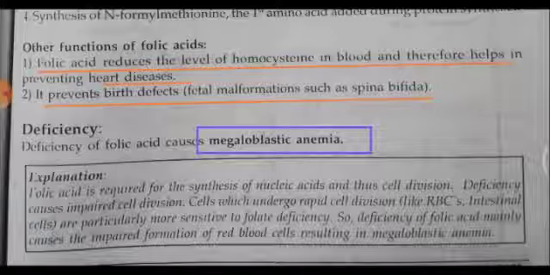The deficiency of folic acid causes megaloblastic anemia. Mega means big; the RBCs are large in size, causing anemia. These are a few deficiency effects of folic acid.